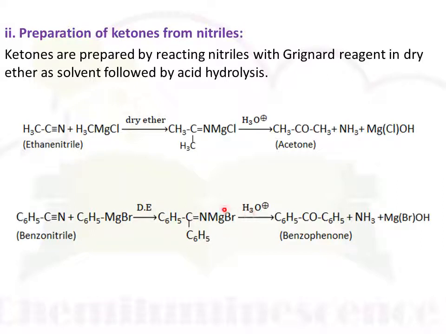Again the same thing happens: oxygen from water combines with the carbon which is bonded to the nitrogen by a double bond, and this part separates out and forms a ketone, and the remaining part forms ammonia and MgBrOH. In this way, from nitrile we can prepare a ketone.